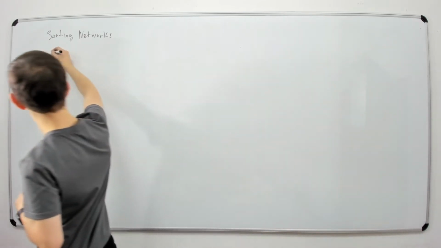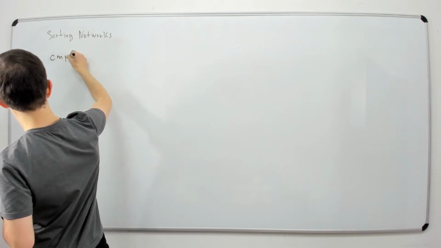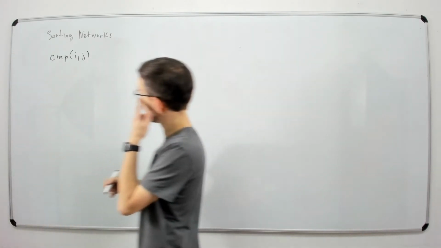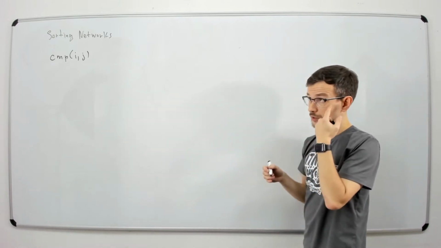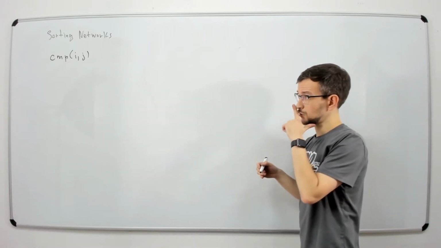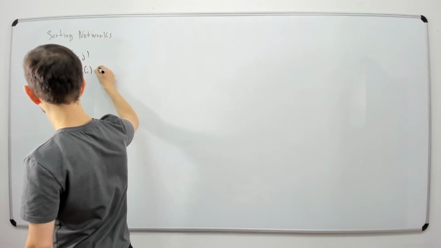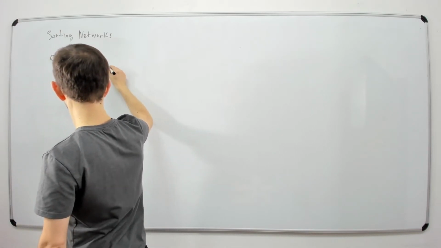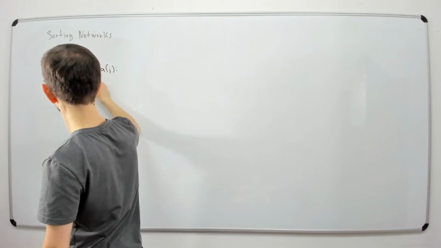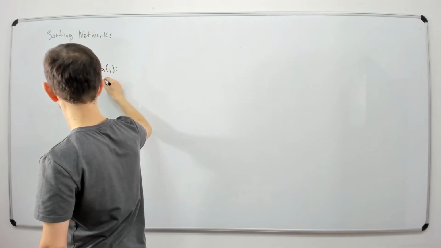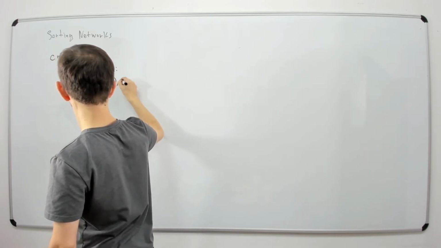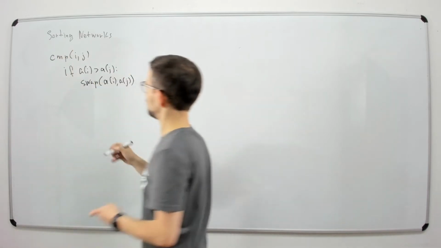So we have an operation, let's say CMP of i and j, and it runs as follows. If A[i] is bigger than A[j], then we swap these two elements, A[i] and A[j].